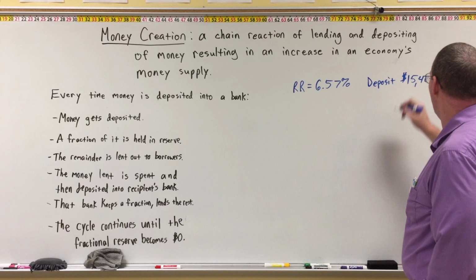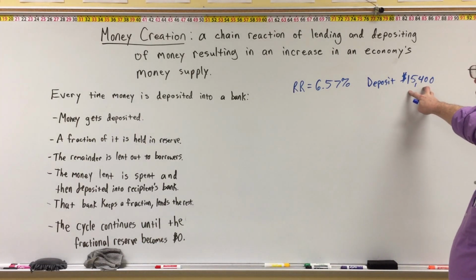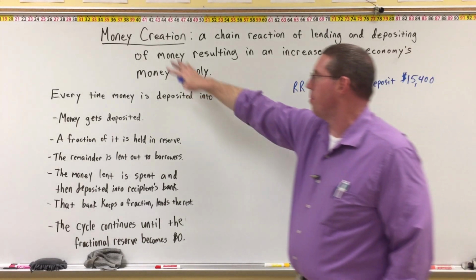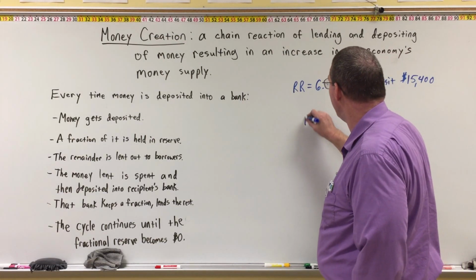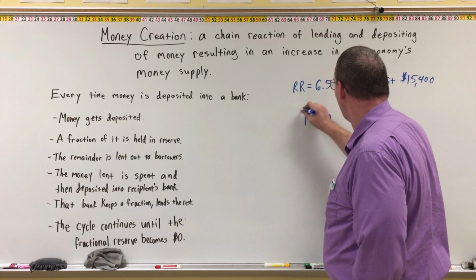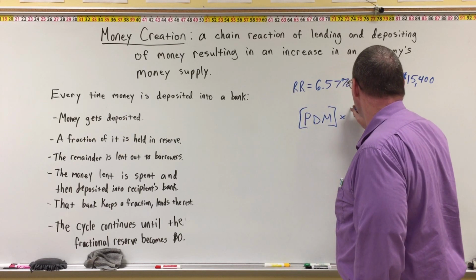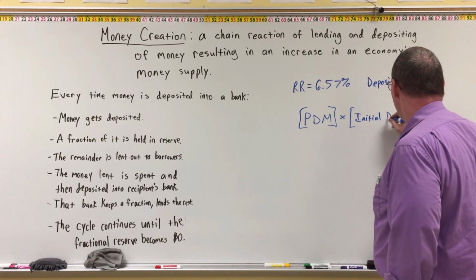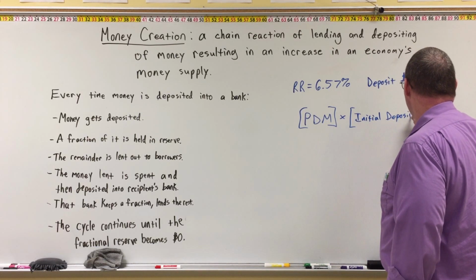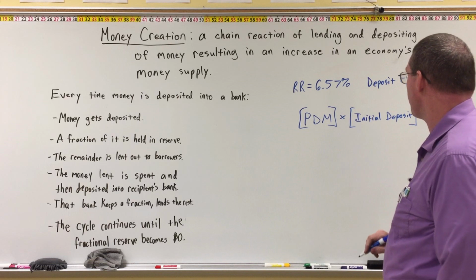Okay, and we want to know how much of a total effect there's going to be on the money supply and the money creation process. Well, what we're going to do is we need to do the potential deposit multiplier times the initial deposit. Okay? And so in this case, the initial deposit is $15,400.